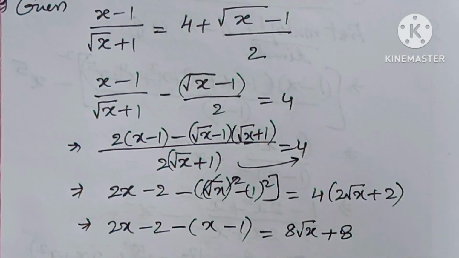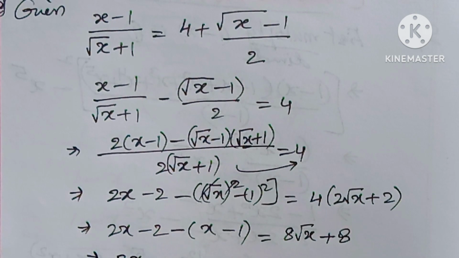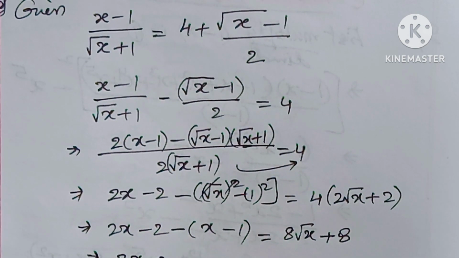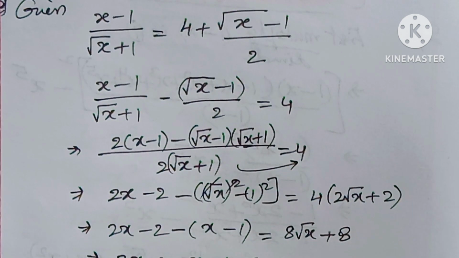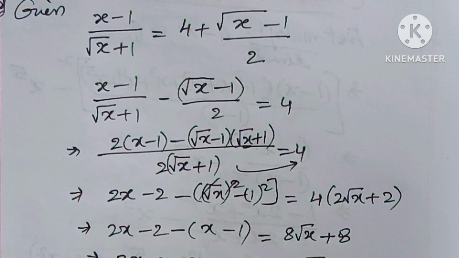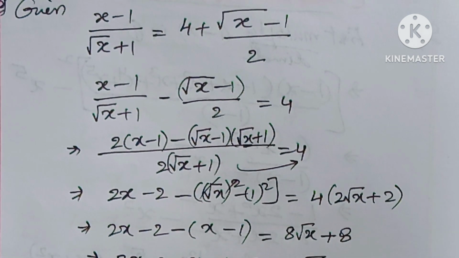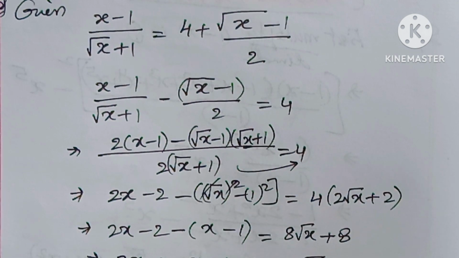Now send 8 to this side: 2x − 2 − x + 1 − 8 equal to 8√x. So here x − 9 equal to 8√x.